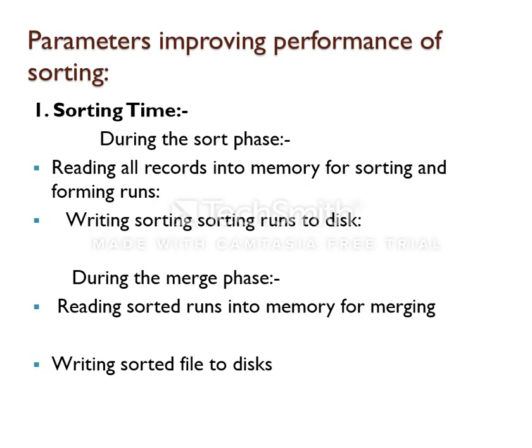During the sorting phase, two operations are performed: reading all records into memory for sorting and forming runs, and writing sorted runs to disk. During the merge phase, reading sorted runs into memory for merging and writing sorted files to the disk occur.